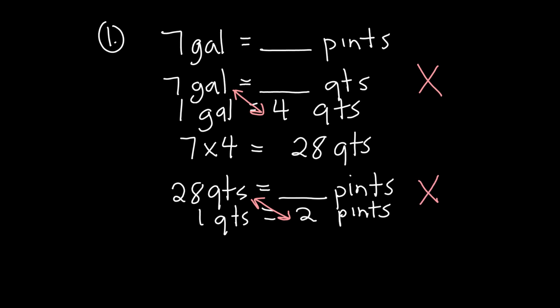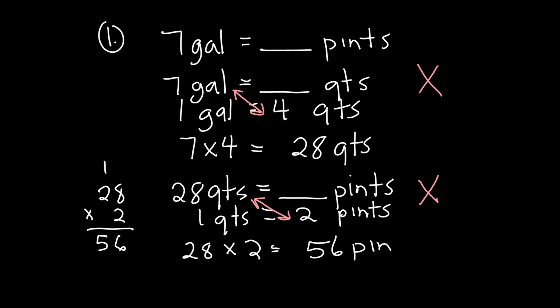So that means I'm multiplying. So I have 28 times 2. I can do that on the side. I could also just add 28 twice, but I'm going to multiply. 8 times 2 is 16. 2 times 2 is 4, plus 1 is 5. So I get 56 pints, which is my final answer.